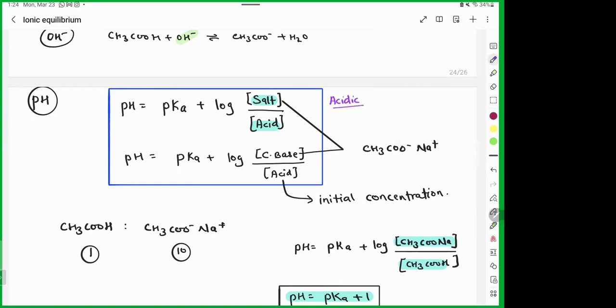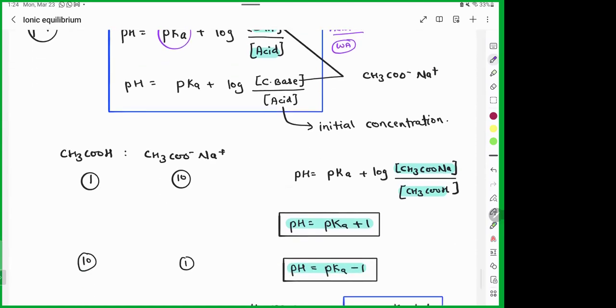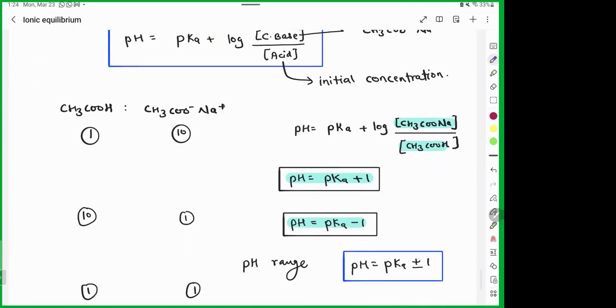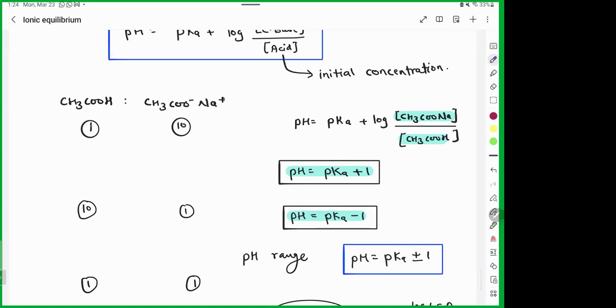So you have a weak acid, and due to the weak acid you are using acidic nature pKa. If you take a base, then it will be pKb. Correct? So pH value will be equal to pKa plus log salt by acid. Here are a few examples. If the concentration ratio of CH3COOH to its salt is 1:10, then the whole thing will be 10, and log 10 value is equal to 1.